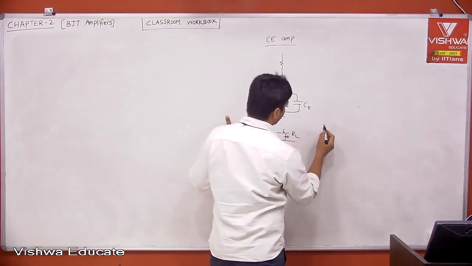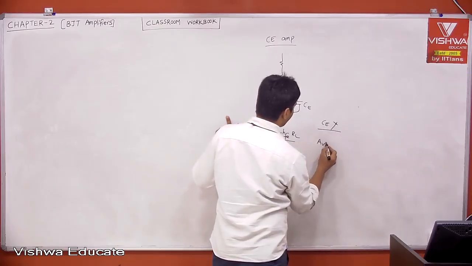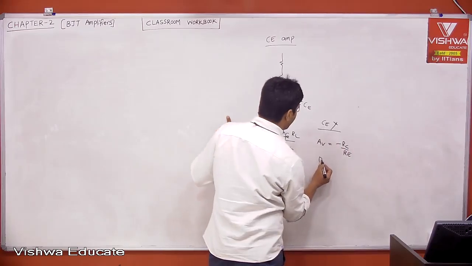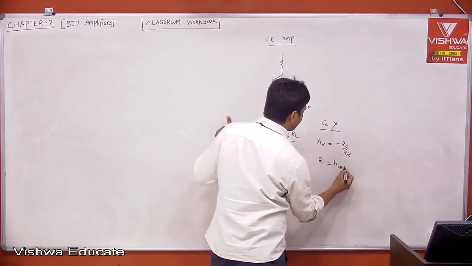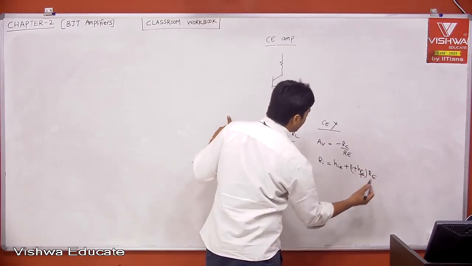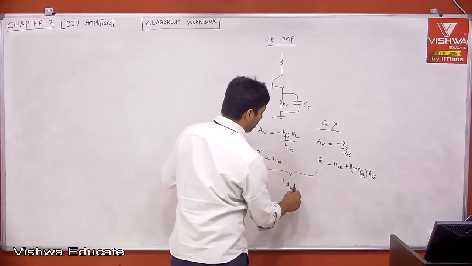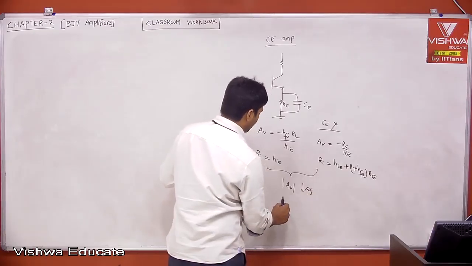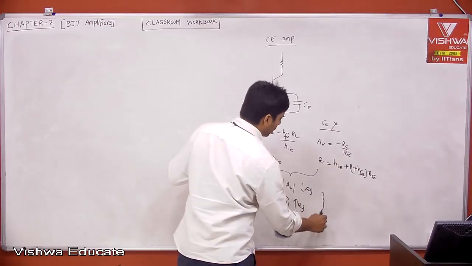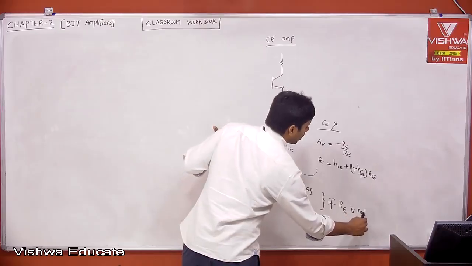If you bypass it, right? If CE is removed, not bypassed, then your voltage gain will be minus RC by RE, CE with RE amplifier basically, and your input impedance will be HIE plus (1 plus HFE) into RE. This is what it is. Therefore, your voltage gain mod AV will decrease, and your input impedance increases if RE is not bypassed.